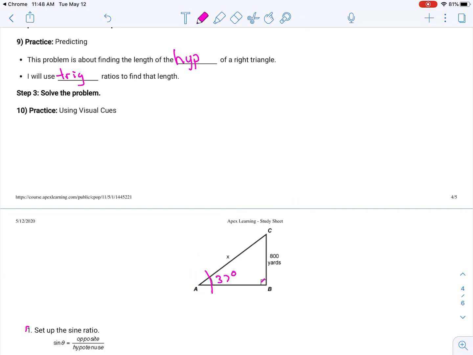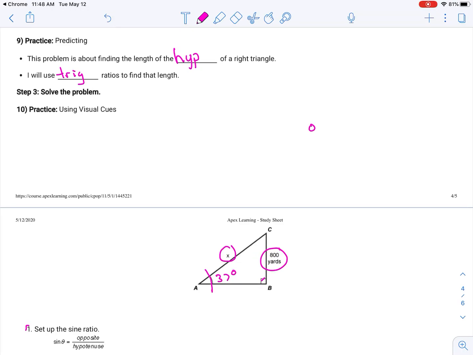So look at that 37-degree angle. Which sides do we know? We know this, and we need this. So what are those from the 37-degree angle? Are they the opposite, the adjacent, or the hypotenuse?